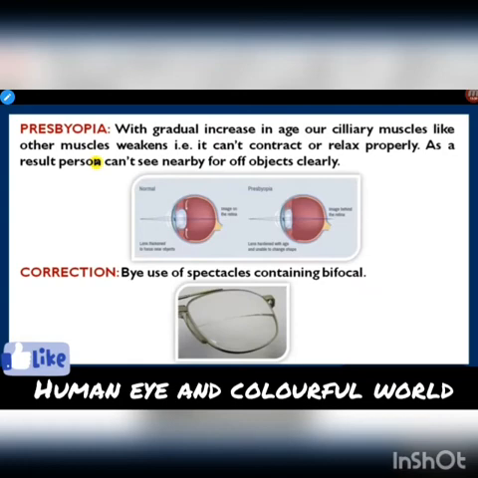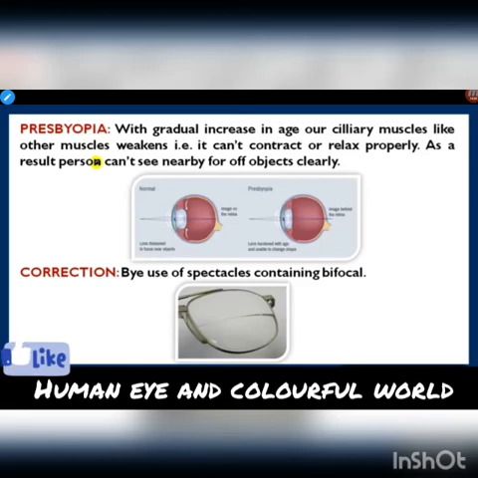Now the next type of eye defect is presbyopia. This is because of age. With gradual increase in age, our ciliary muscles, like other muscles, start to weaken, and as a result, the ciliary muscles cannot contract or relax properly.